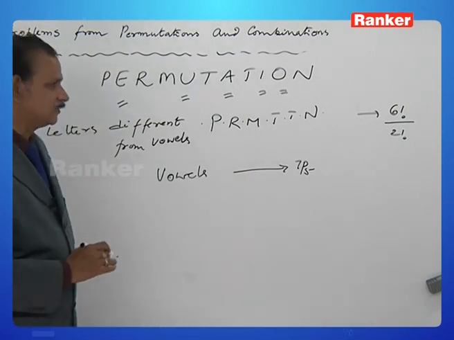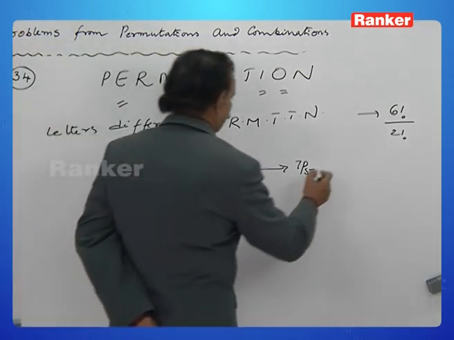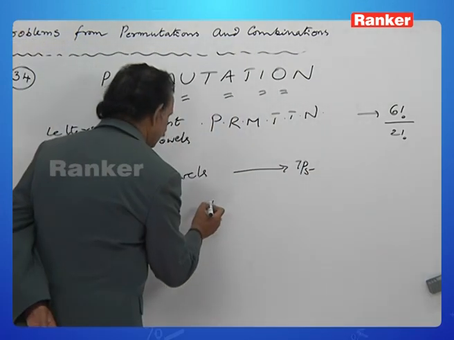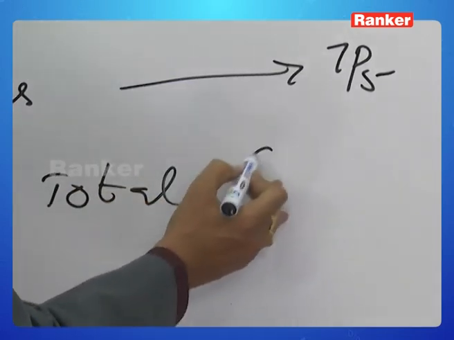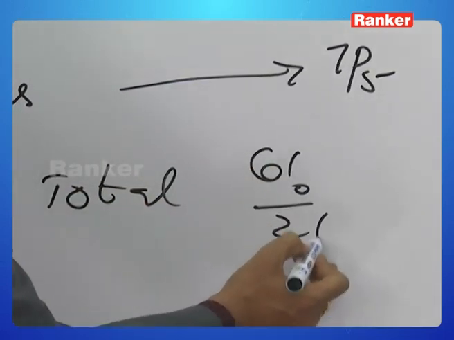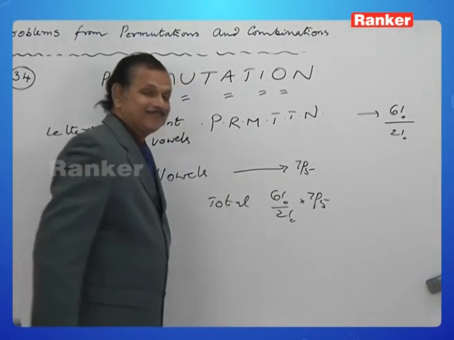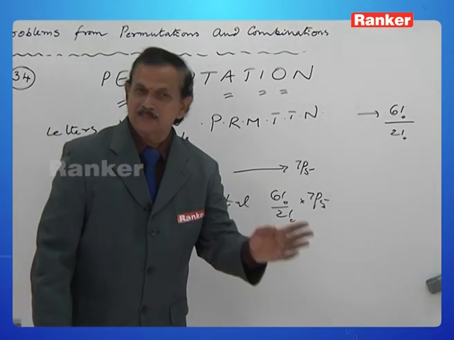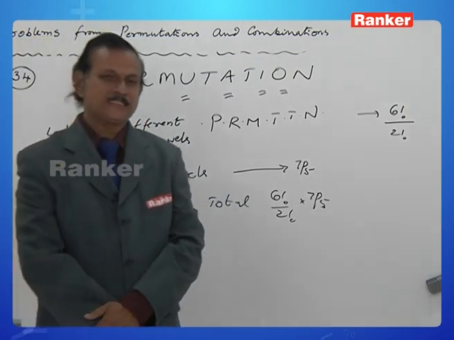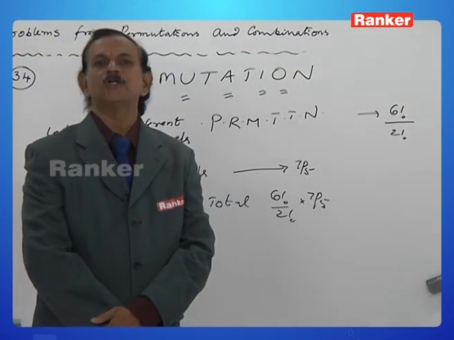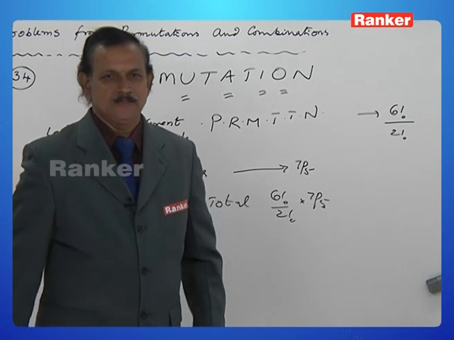So the answer is 7P5. Therefore, in total, 6 factorial by 2 factorial into 7P5 is the answer in which no two vowels come together.